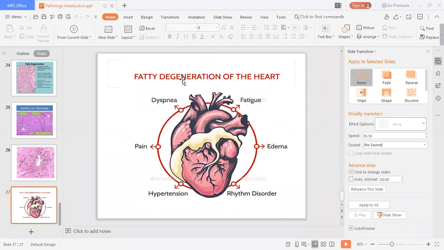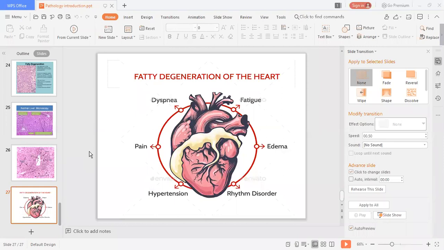So whenever this fat gets abnormally accumulated inside the cell, it will become visualized. It indicates that the fat is dissolved fat and is indicated by clear vacuoles.